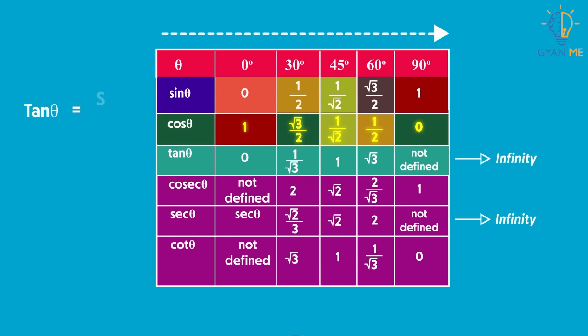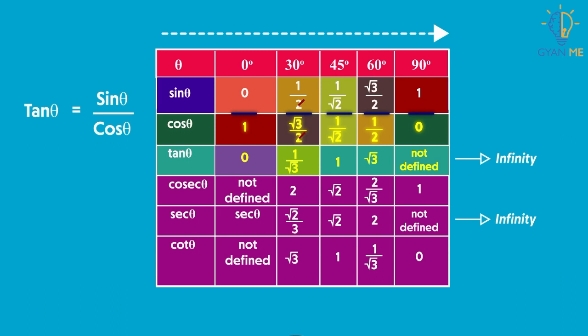For tan values, we know that it is the ratio of sine to the cos. Therefore, to get the values of tan theta, just take the ratios of values of sine and cos of the corresponding angle. Like tan 0 is sin 0 upon cos 0, which is 0 upon 1 equal to 0. Similarly, tan 30 is sin 30 upon cos 30, which is 1 by root 3.